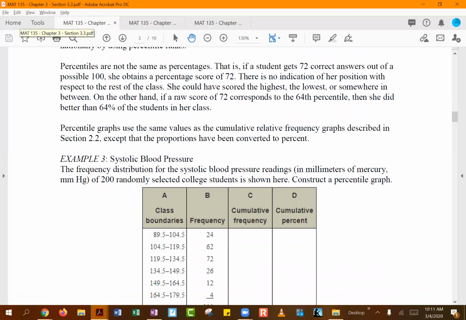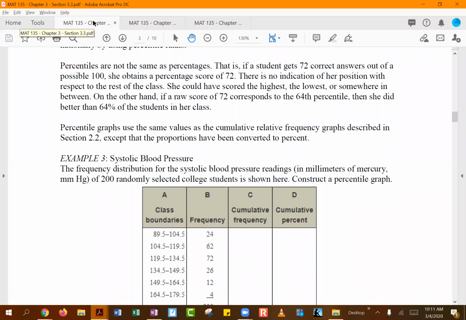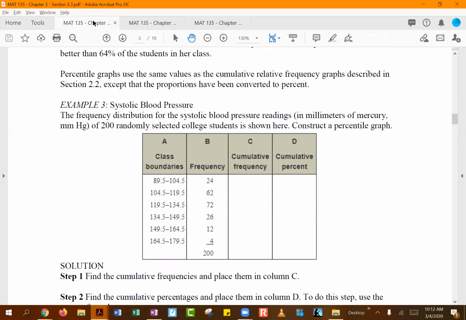She could have the highest score, the lowest score, or she could be somewhere in the middle. But if you have a raw score of 72 that corresponds to the 64th percentile, then we know her exact positioning. 64% of the students scored below her, and how many scored above her? 36%. There you go. That's what you have to think about.